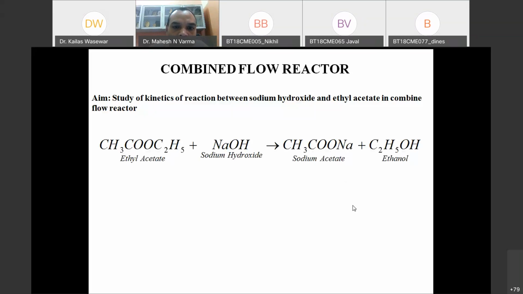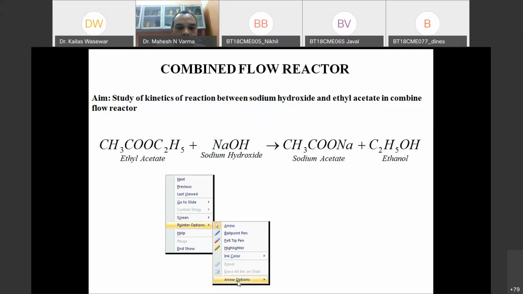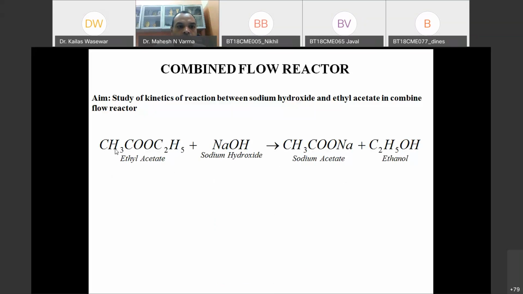So this is ethyl acetate, CH3COOC2H5, that we are using, and we have sodium hydroxide. In all kinetics experiments we are using the same reaction.